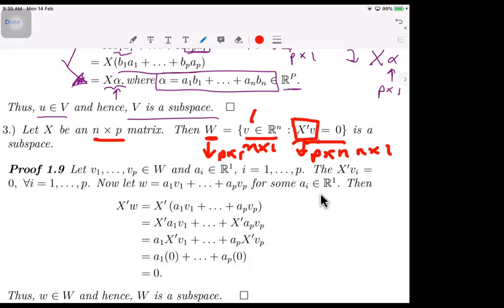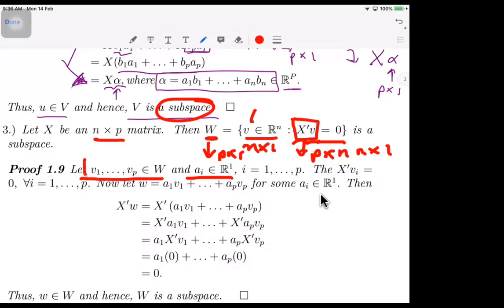So how do you show that it is a subspace? First, you choose vectors V_i in W, and a_i are scalars, because you are going to use that later when you do linear combination.